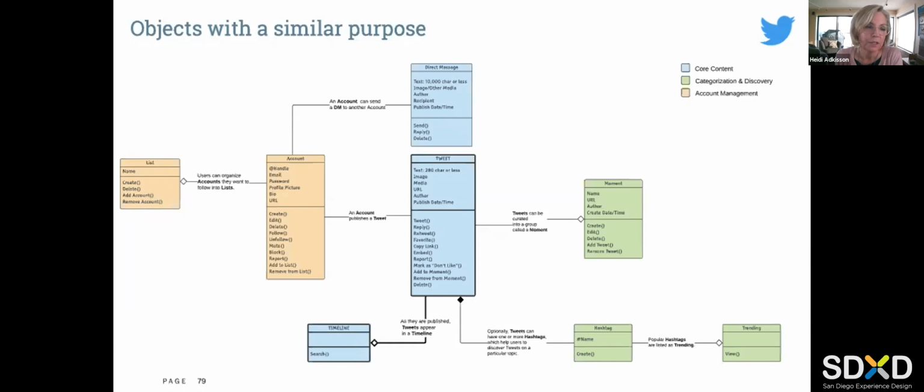And then the orange is more account management related objects. So again, because these have a similar purpose, it can be really helpful to think about designing them as a unit so that they work together in a more cohesive and consistent way.